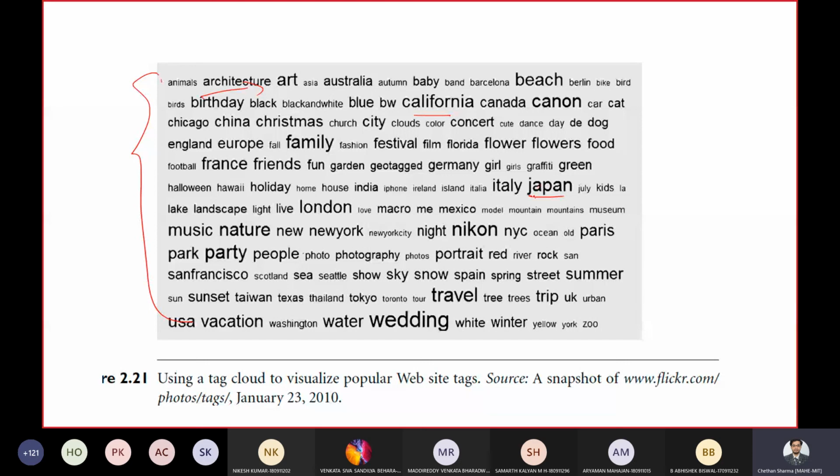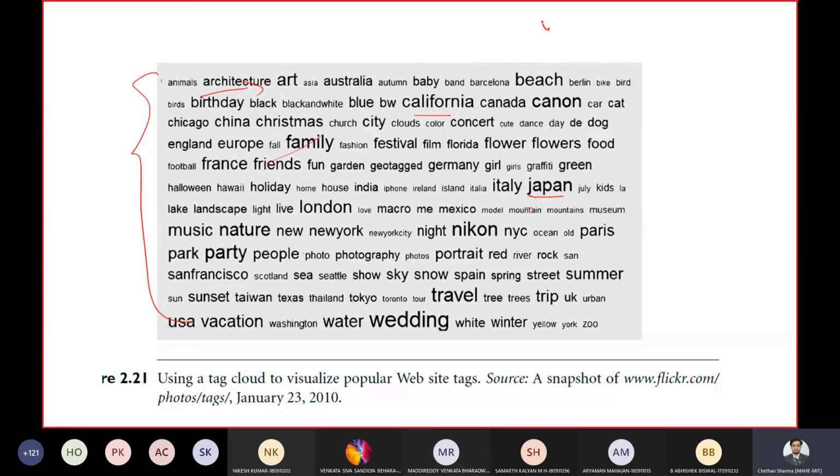Each size might represent something like this particular word is used more, and animals is used the least. So instead of alphabetical order, I might require to arrange it according to how frequently the words are used. So that is also possible.